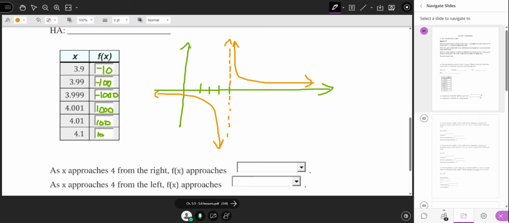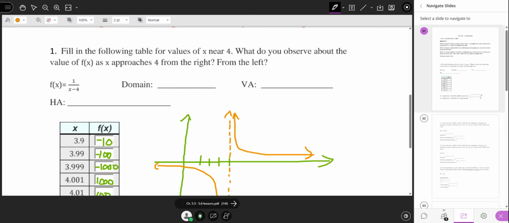So your domain was everything except 4. Negative infinity all the way up to 4. And because it has another part, you have to have the happy face. 4 to infinity. Your vertical asymptote is at x equals 4.